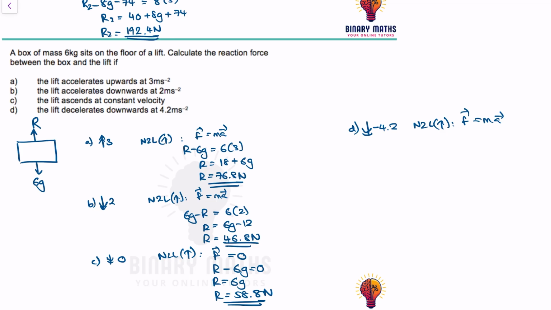Because it's going down, it's going to be 6g minus R is equal to mass, which is 6, times acceleration, which is negative 4.2. So the reaction force will be 6g minus 6 times negative 4.2, which gives us R is equal to 84 newtons.